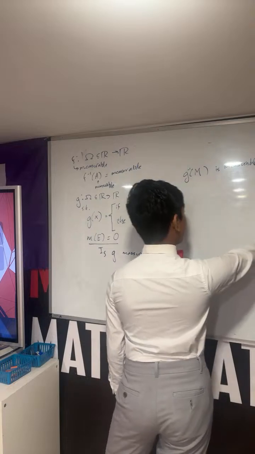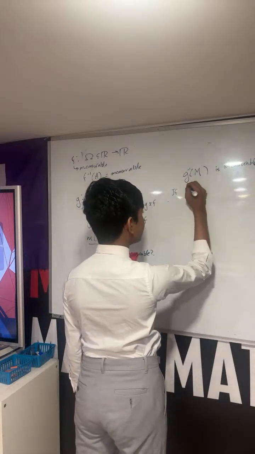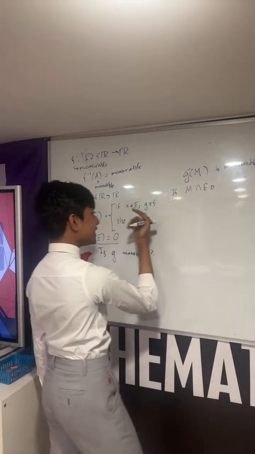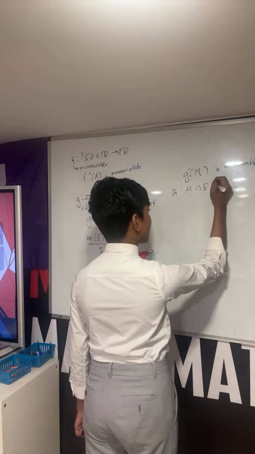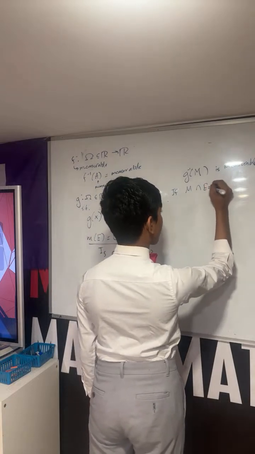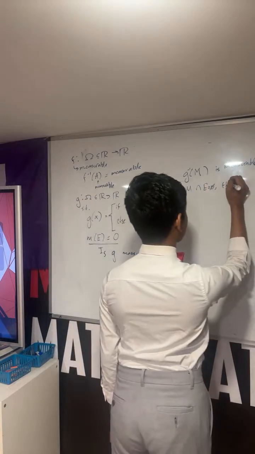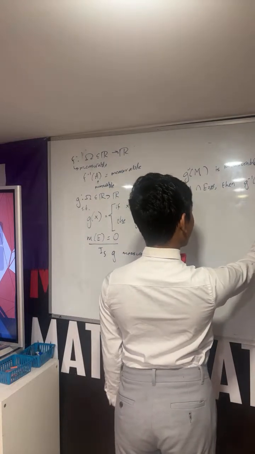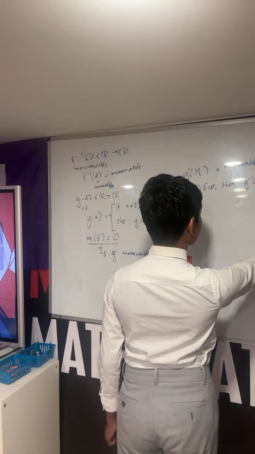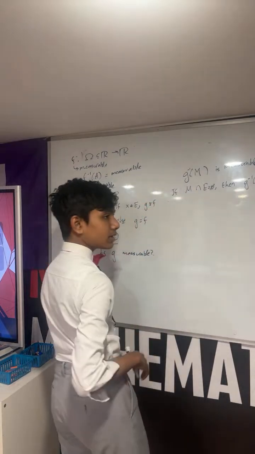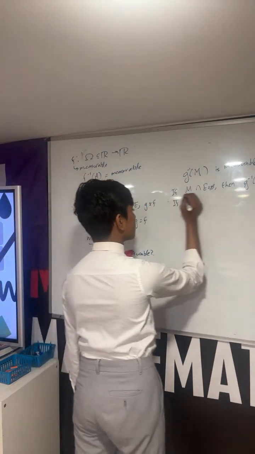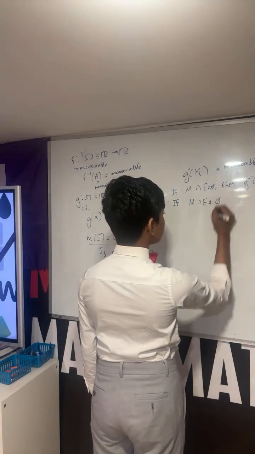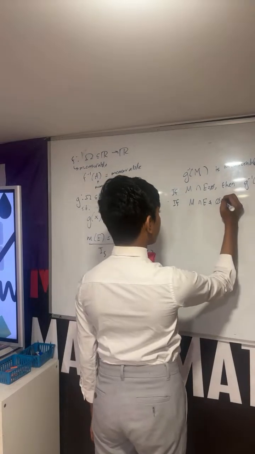Now, if M doesn't contain any elements of E, this forbidden set where g is not equal to f, then this is satisfied very quickly because g inverse of M is the same thing as f inverse of M. Now, if M intersect E is not the empty set, then here's what we do.